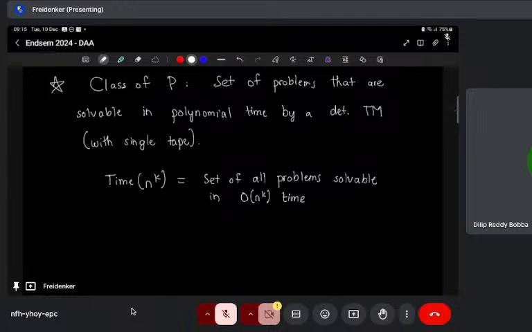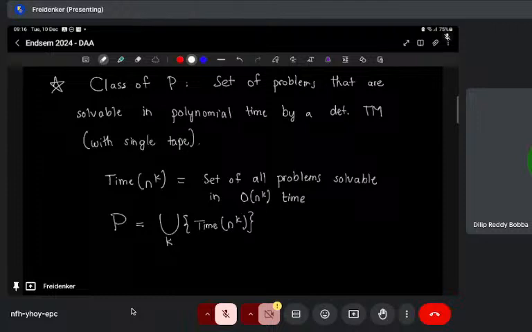So if this is the notation, then I can say that P is nothing but the union set of all problems solvable in constant time, linear time, quadratic time, cubic time, biquadratic, and so on. Pentic is the next one, and then it goes on. It's like k goes from zero to whatever.